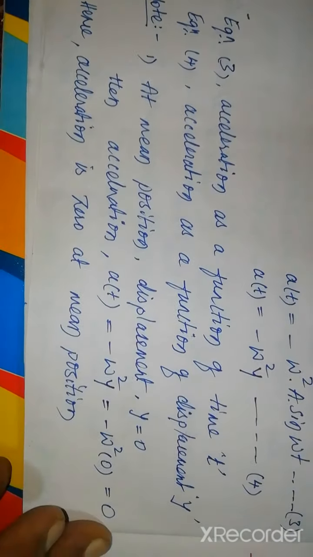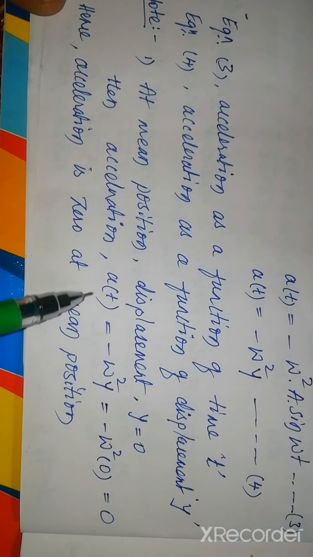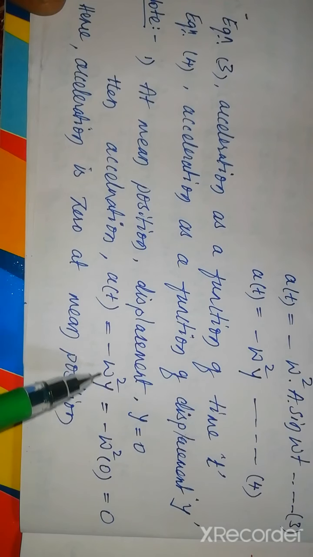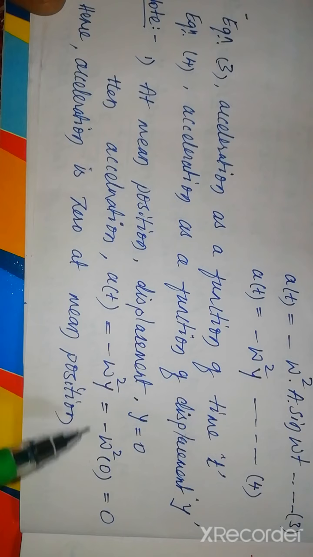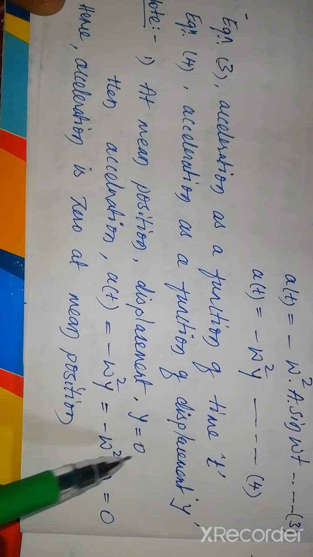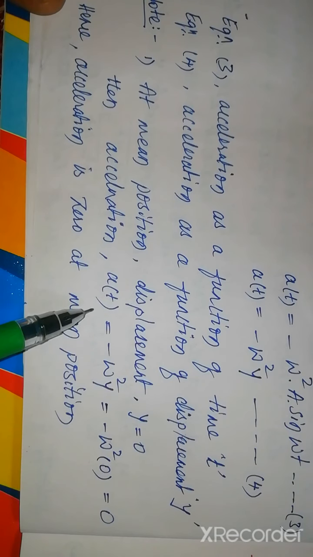Note, at the mean position displacement y is 0, then acceleration a of t equals minus omega square y. Substituting y as 0, the acceleration of the particle executing simple harmonic motion is 0 at the mean position.